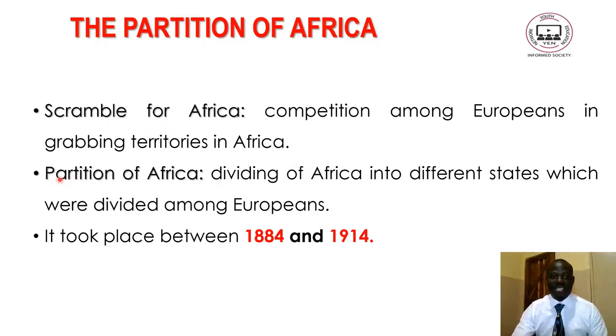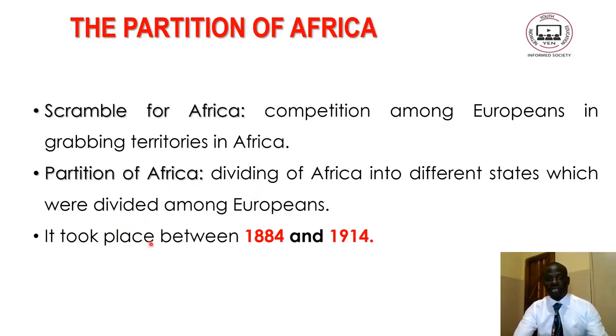On the other side, when we talk of partition of Africa, this one is dividing up of Africa into different states, which were divided among the European countries. So the division of Africa amongst the different states in Europe, that one is called partition of Africa.